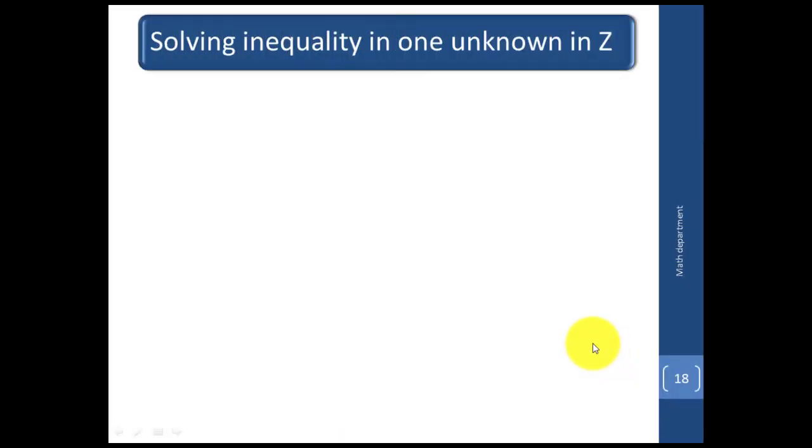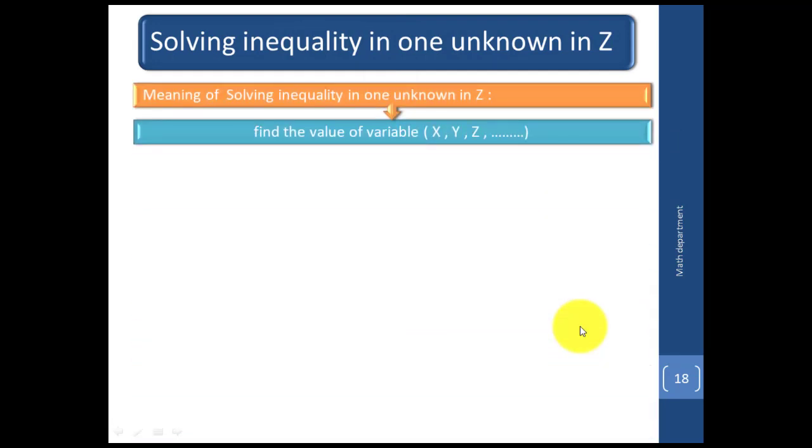Okay. The third part in our video: solving inequality in one unknown in integers. At first, what is the meaning of solving an equation or solving an inequality? It is the same: find the value of the variable, find the value of x, find the value of y, find the value of z, and so on.